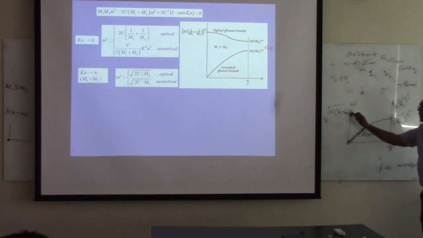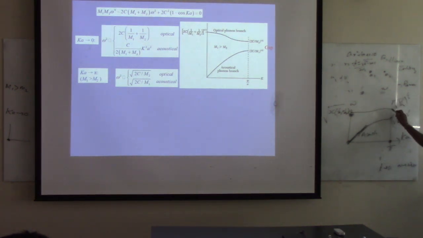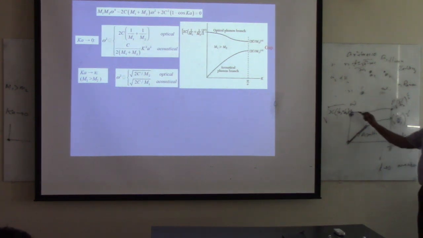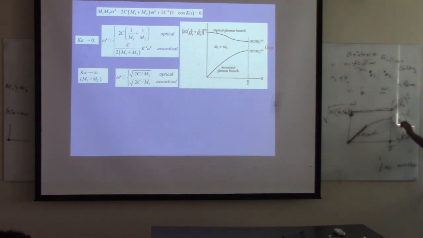So this one has some kind of dispersion, we don't know exactly how, but we know the two values. Typically, this one has very little dispersion, but this one has a very large dispersion.